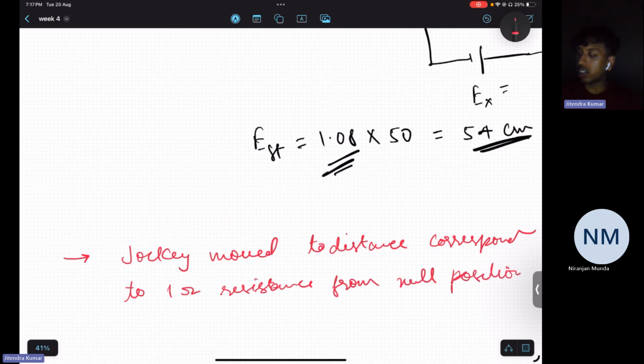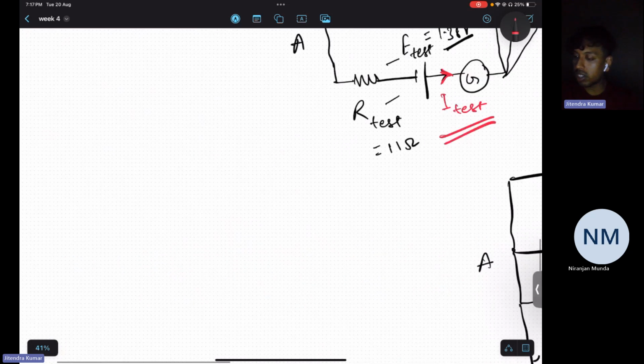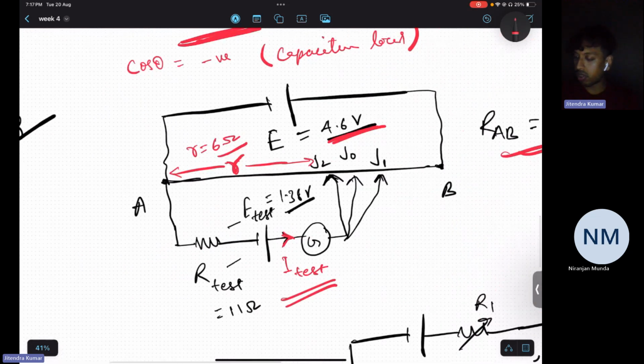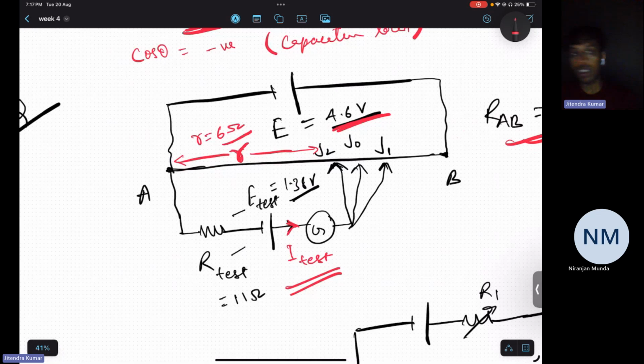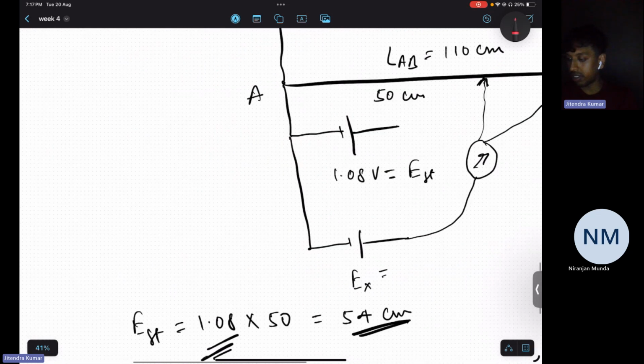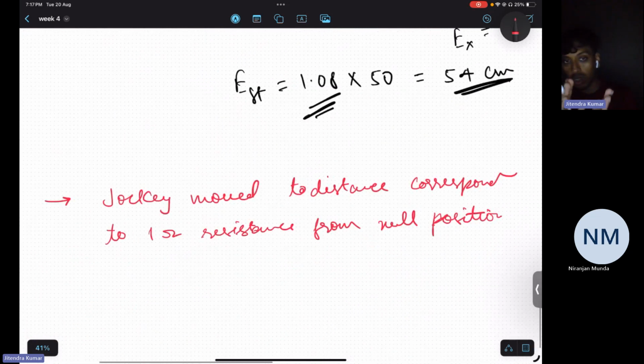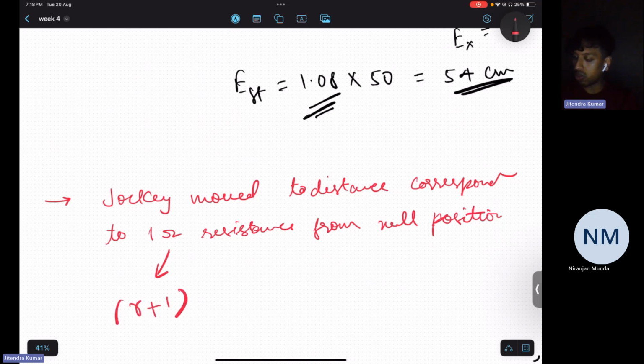So the null position resistance, we got to know, was 6 ohm. Now the jockey is moved 1 ohm forward from that. So at this position, the resistance will be R plus 1 ohm, isn't it? Which will be equal to 7 ohm.